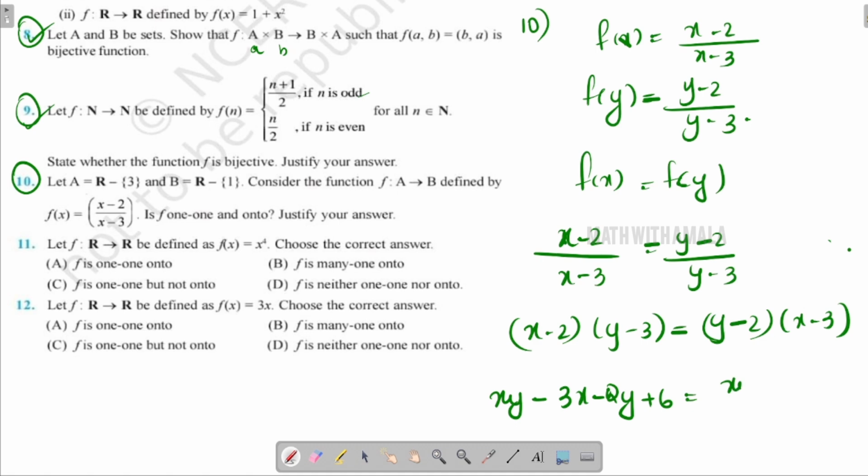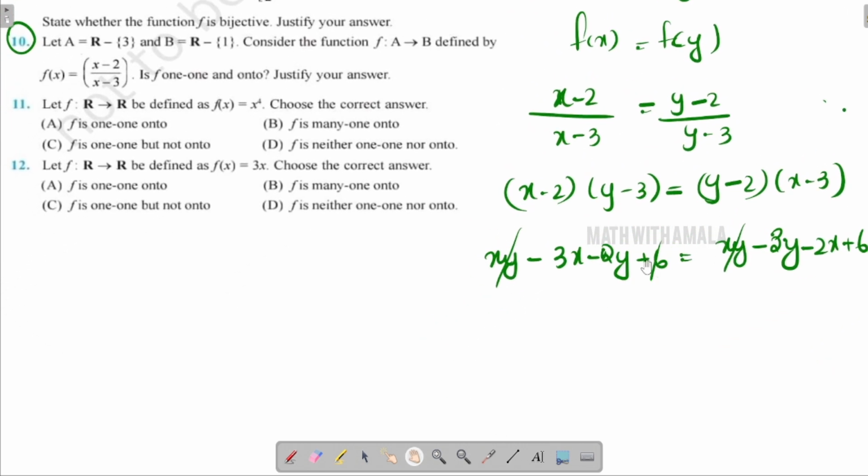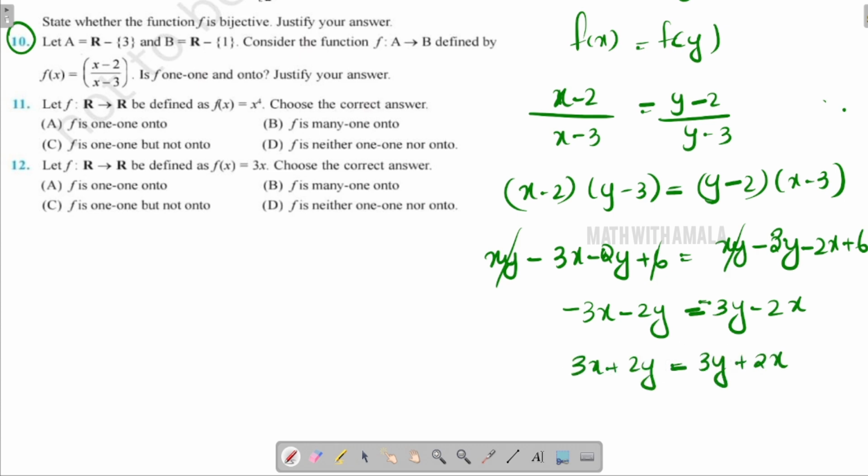Now you can cross multiply. (x minus 2)(y minus 3) is equal to (y minus 2)(x minus 3). xy minus 3x minus 2y plus 6 equal to xy minus 3y minus 2x plus 6. You can cancel xy on both sides, and 6 also can be cancelled. Minus 3x minus 2y is equal to minus 3y minus 2x.